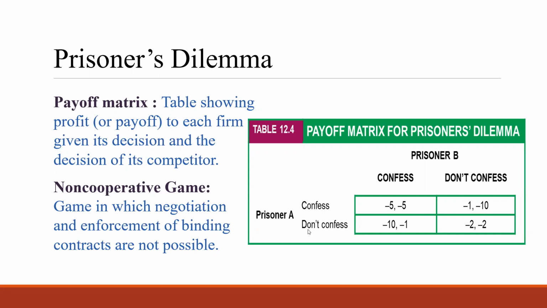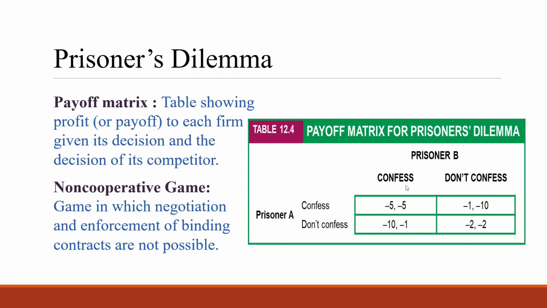And if A chooses not to confess, B will choose to confess and receive 1 year penalty, and not confess receives 2 years penalty. Still, prisoner B should choose to confess. And here, no matter what prisoner A chooses, prisoner B should choose to confess.